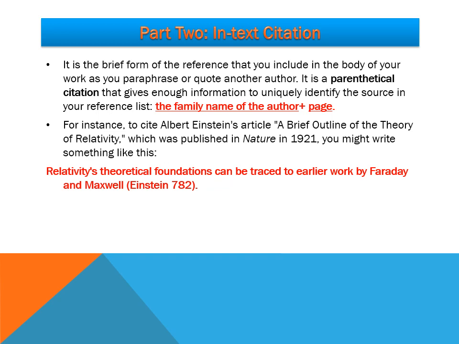And you are paraphrasing Einstein by saying these words, for example: Relativity's theoretical foundations can be traced to earlier work by Faraday and Maxwell. And you see here, you open the bracket, you put the family name first, then the page, then you close the bracket, then you put a full stop. This is what we call in-text citation or parenthetical citation.